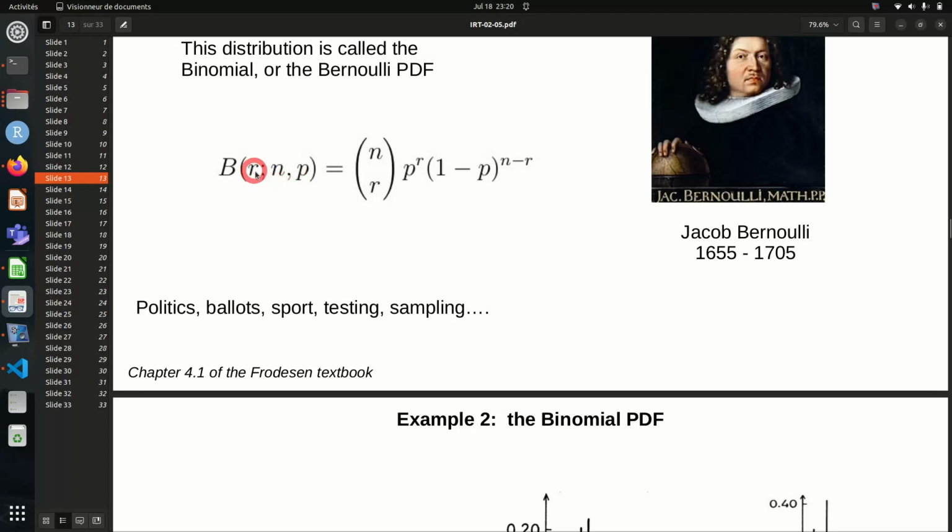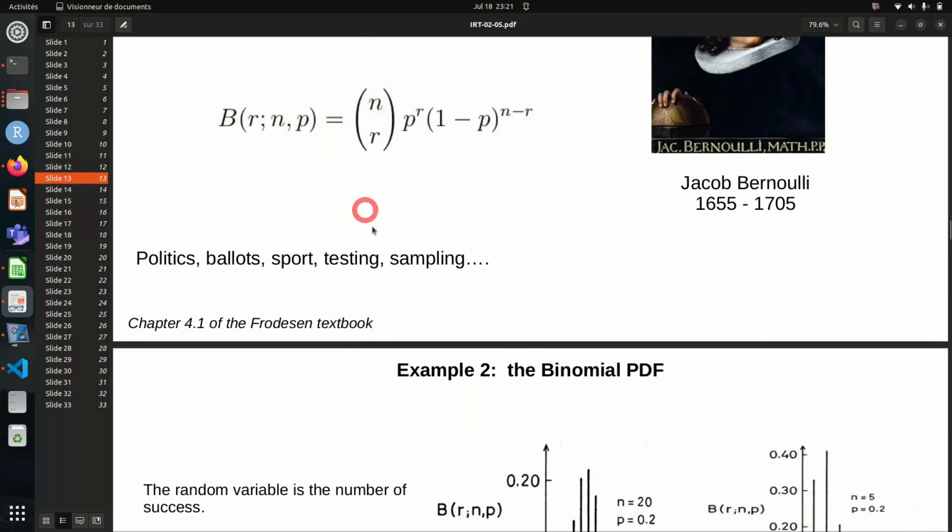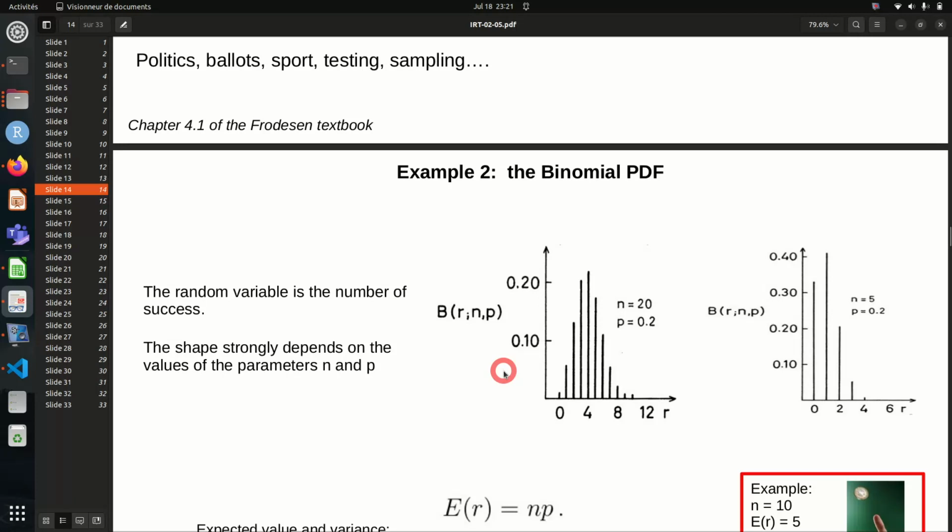The random variable is the number of successes. So you flip a coin 10 times. How many times are you going to have a given side? This is the random variable. This is r. So the x-axis is going to be r. And depending on n and p, on the parameters, the shape is going to be different.